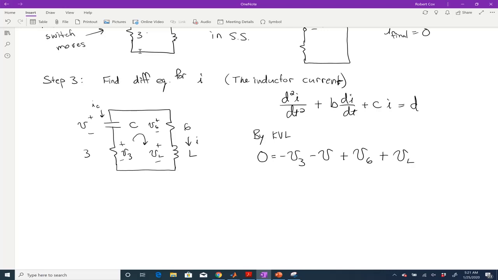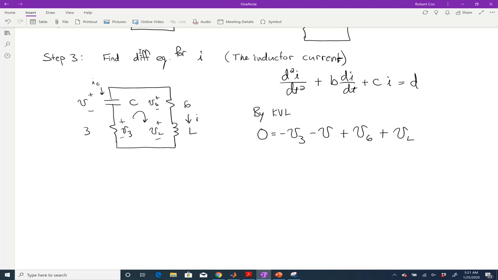Now I want to get everything in terms of IL, right? So I know VL is L dI/dt. V6 is easy. V6 is 6I. Now in this particular case, V3 was defined to be 3IC, but in looking at this circuit, IC equals minus I, so this guy becomes minus 3I.